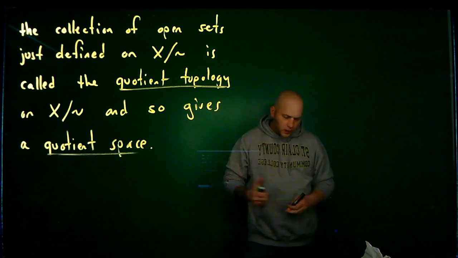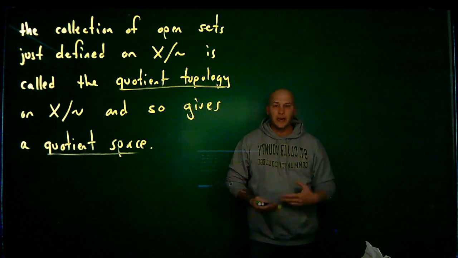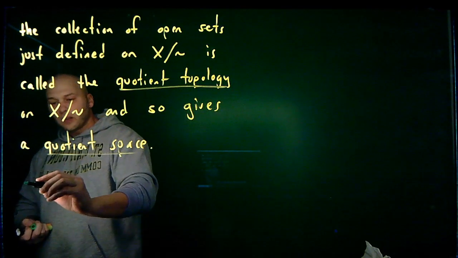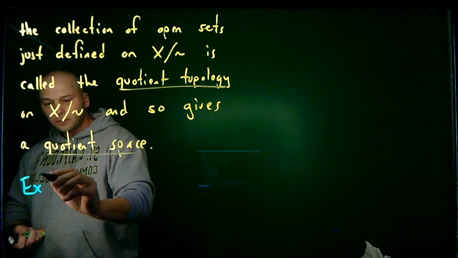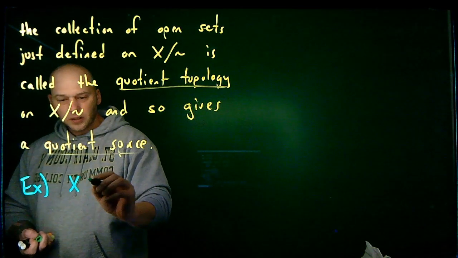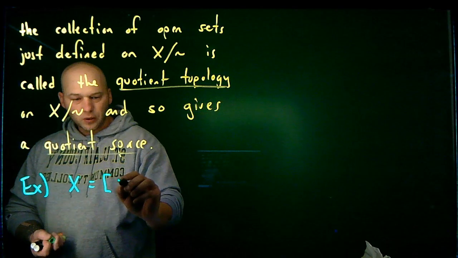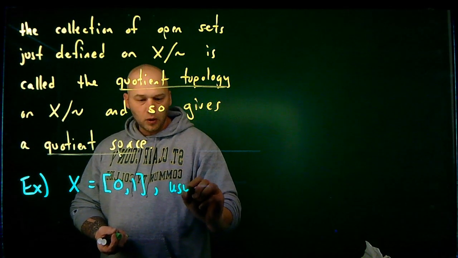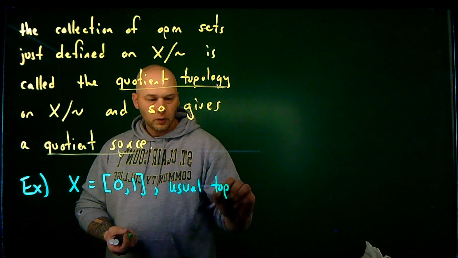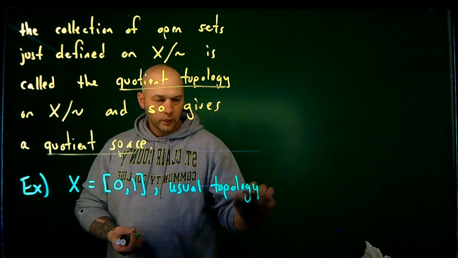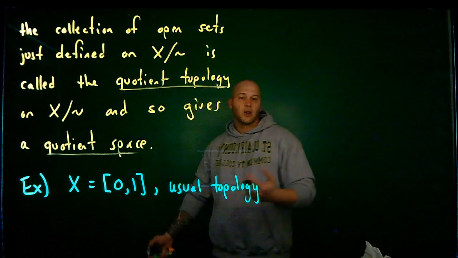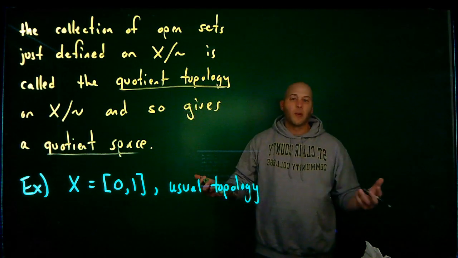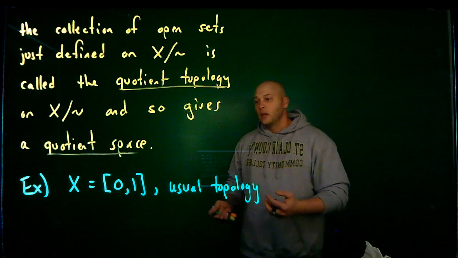Well, let's look at a concrete example so we can get an idea of what these open sets are going to look like. Let's say my set X is equal to the closed interval 0 to 1 with, again, the usual topology from, say, your calculus course, where open intervals are open. Open intervals form a basis for this topology.